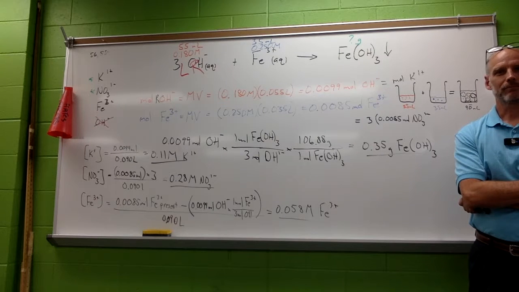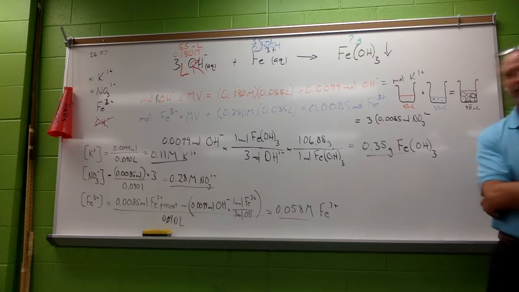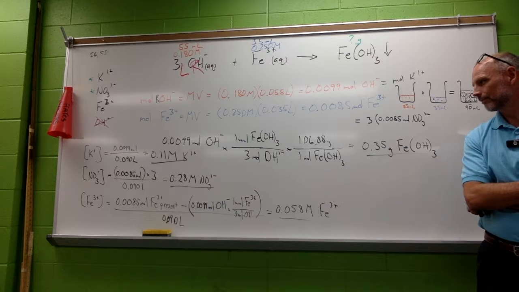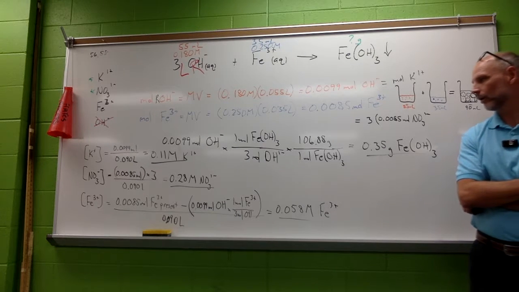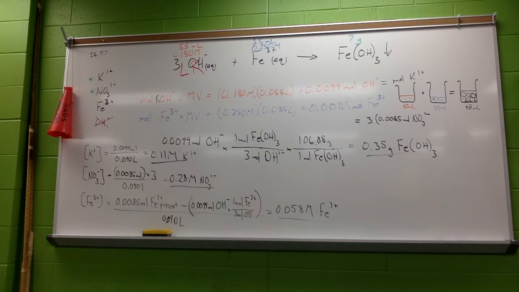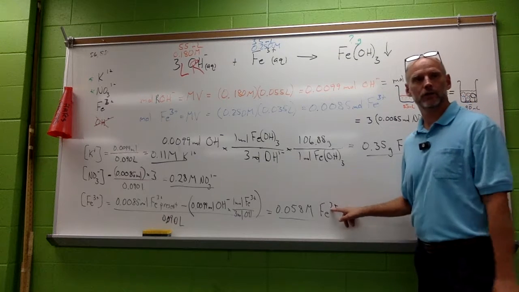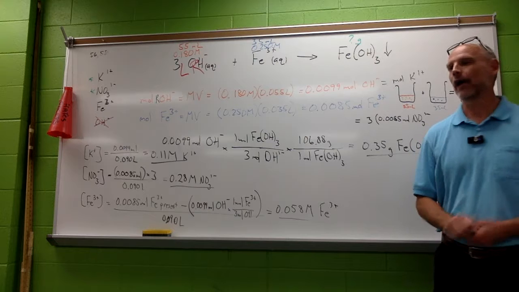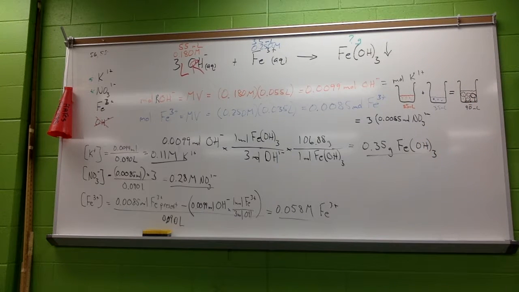Yeah, 0.11 plus 0.058 times 3 is 0.284, because it's got a 3+ charge. Within significant figures, we're okay. Anyway, for those of you that get that, that's a nice little way to check if you did all the rest of this correctly.